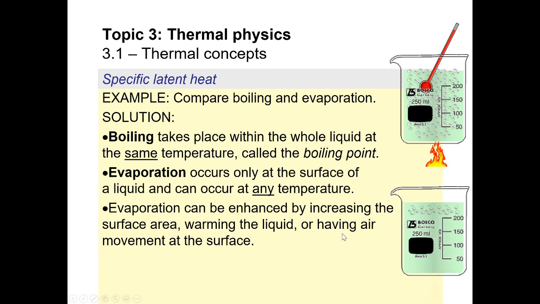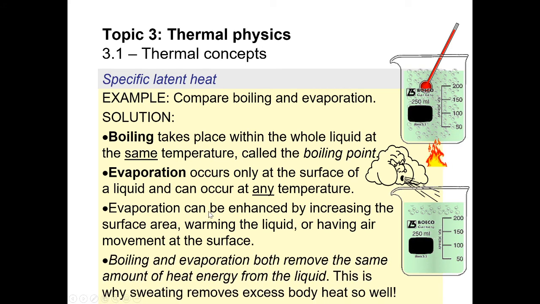Well, you can increase the surface area. So if you have a cup of water and you pour it into a frying pan versus a very small, narrow diameter saucer, it's going to evaporate much faster in the large frying pan because there's more surface area. So you can increase the surface area, you can warm the liquid, you can have more air movement on the surface.